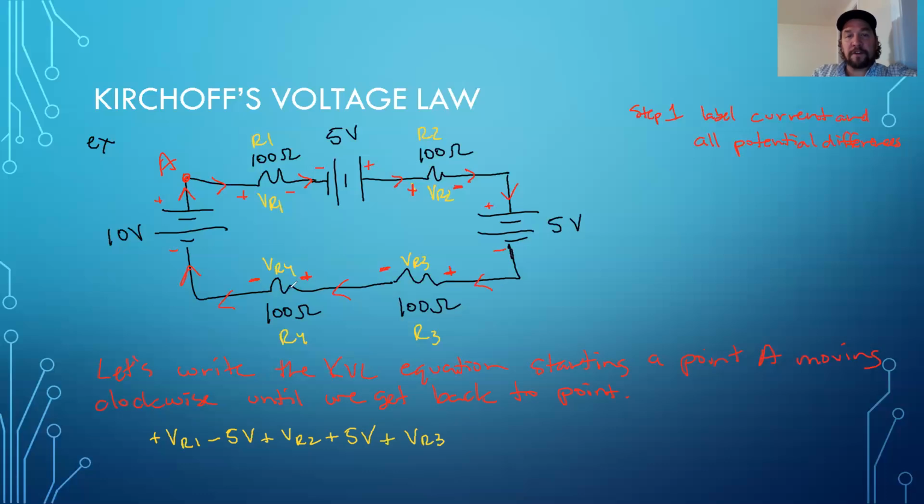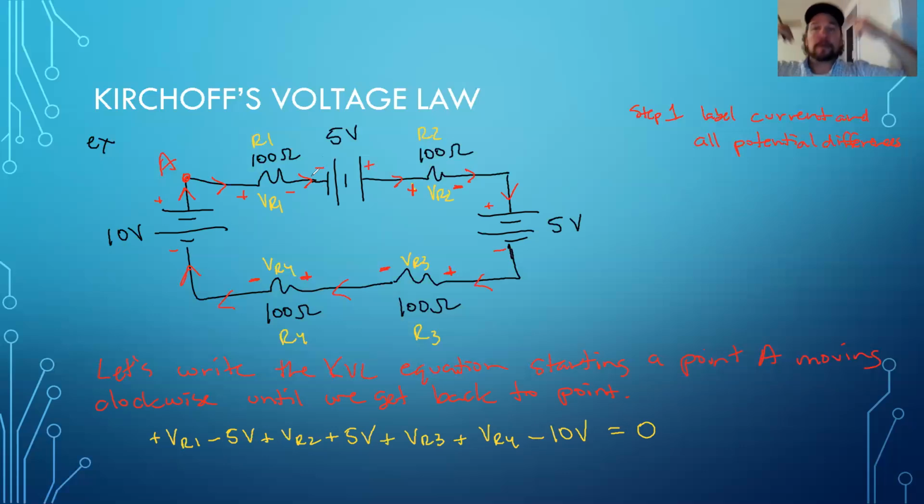Continuing, plus VR4. Continuing, minus 10 volts. We are now back at A, equals 0. So that's my statement that I put at the end there in the previous page, where we are just doing voltage drops and voltage gains and basing it on the signs that we see.